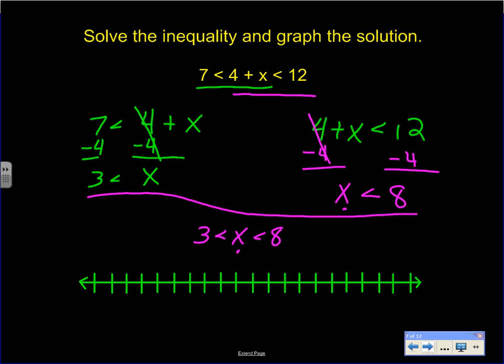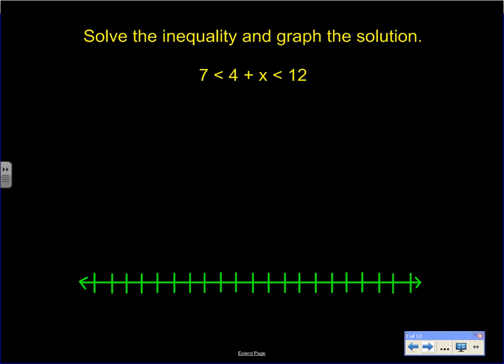The other way to do it is for you to understand what's going on here and to realize that we have 2 problems in this. 7 is less than 4 plus x, and the other problem, 4 plus x, is less than 12. We have 2 inequalities there, and we have to solve both of them.